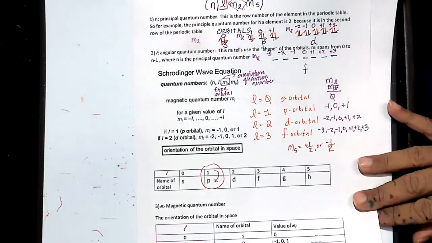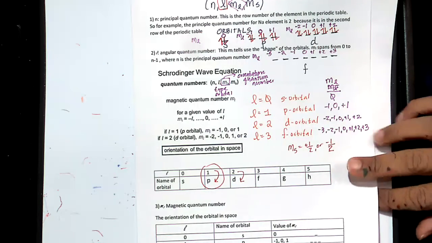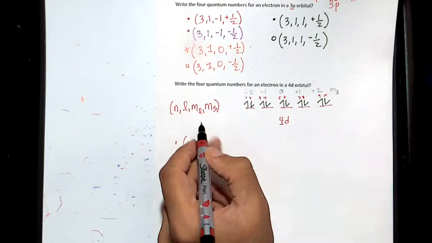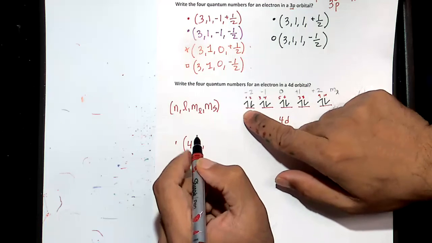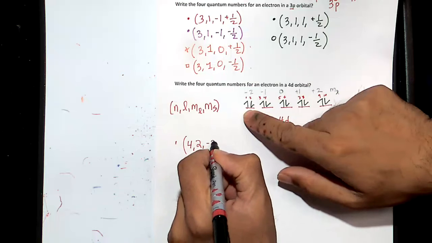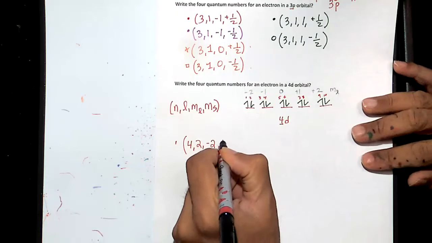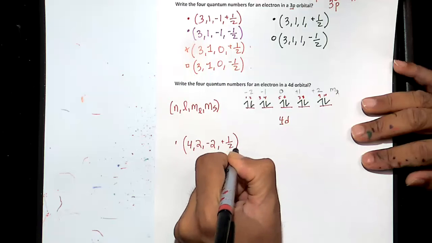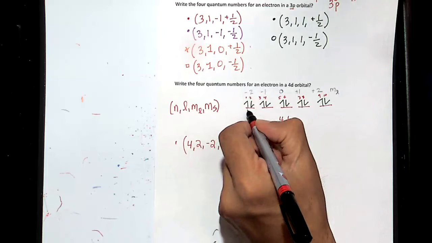What is L for the d orbital? Okay, everyone see 2? So 4, 2. Okay, what position is this electron in? Everyone see -2. And is it spin up or spin down? Spin up. Okay, so that is the location of this electron.